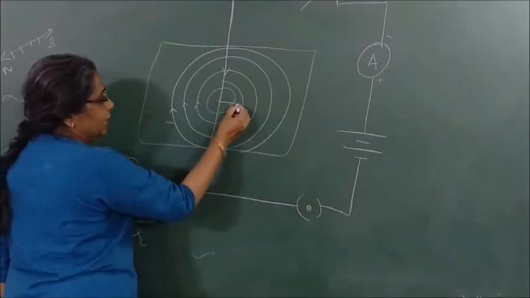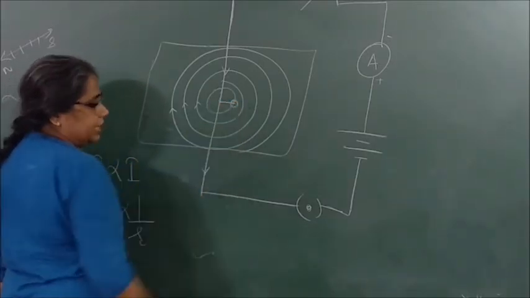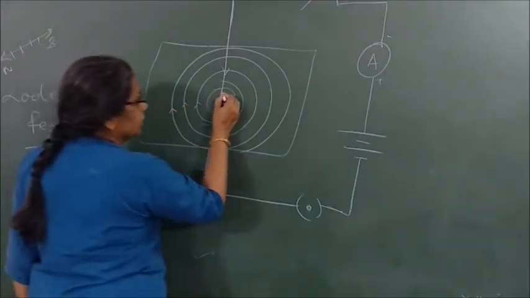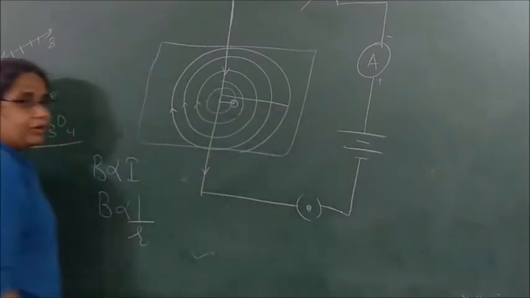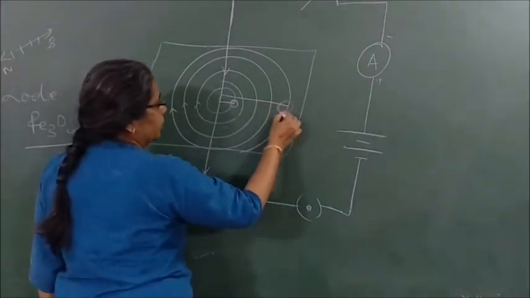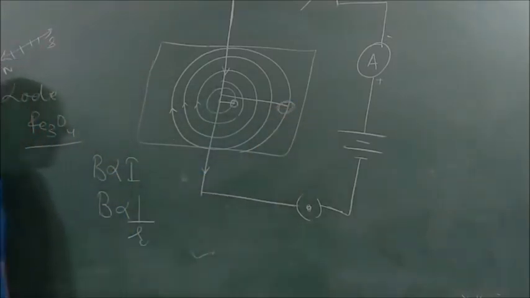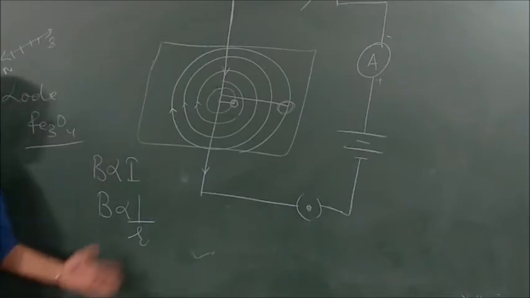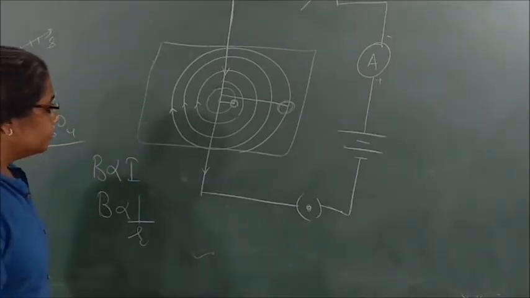So if I bring the magnetic compass very close to the current carrying conductor, the magnetic field is more. But if the radius is more, magnetic field is less. That means if I place a magnetic compass somewhere here, then the deflections will be less. Correct?